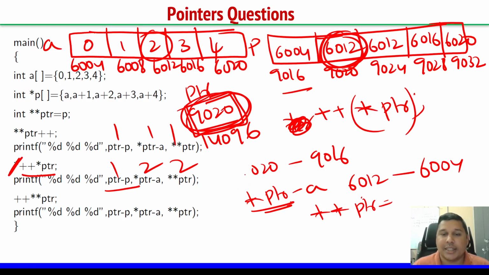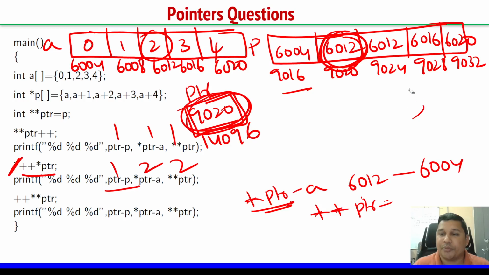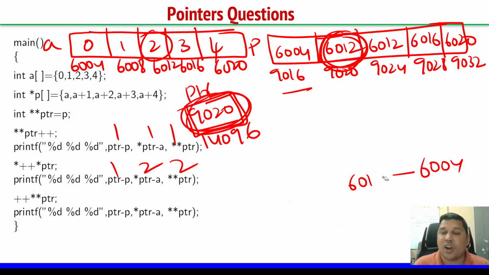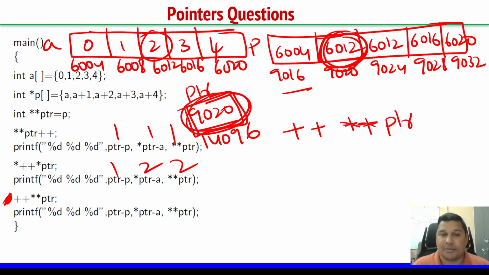Now comes the third one and the important one, right? What is the third expression given to us here? It is plus plus double star PTR. Here we cannot ignore any stars. There are no leftmost stars here. Let us see what is there in PTR. In PTR we are having 9020.